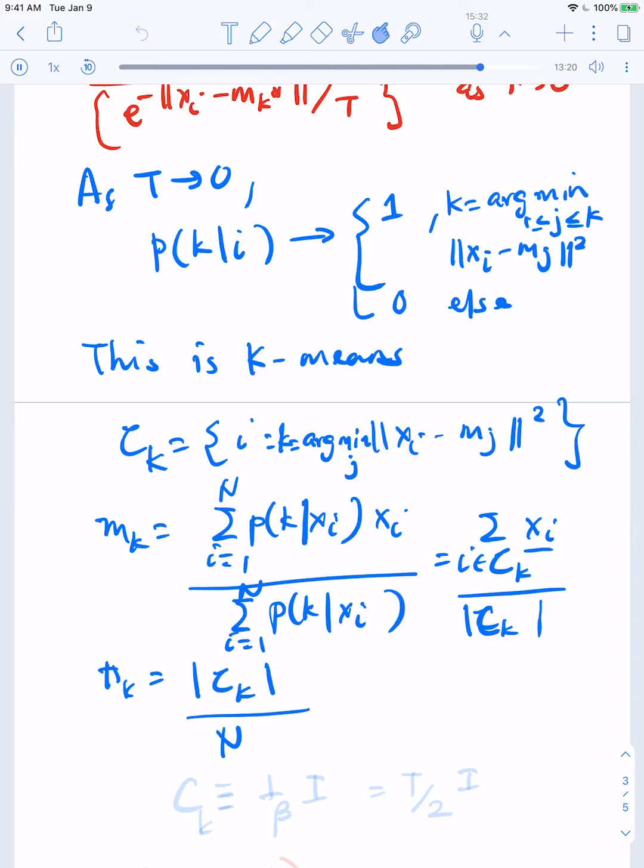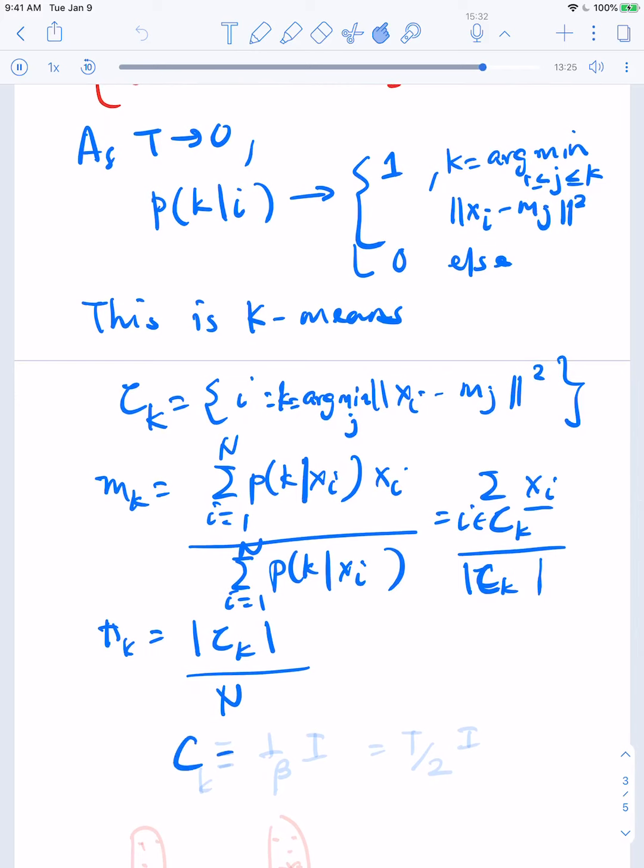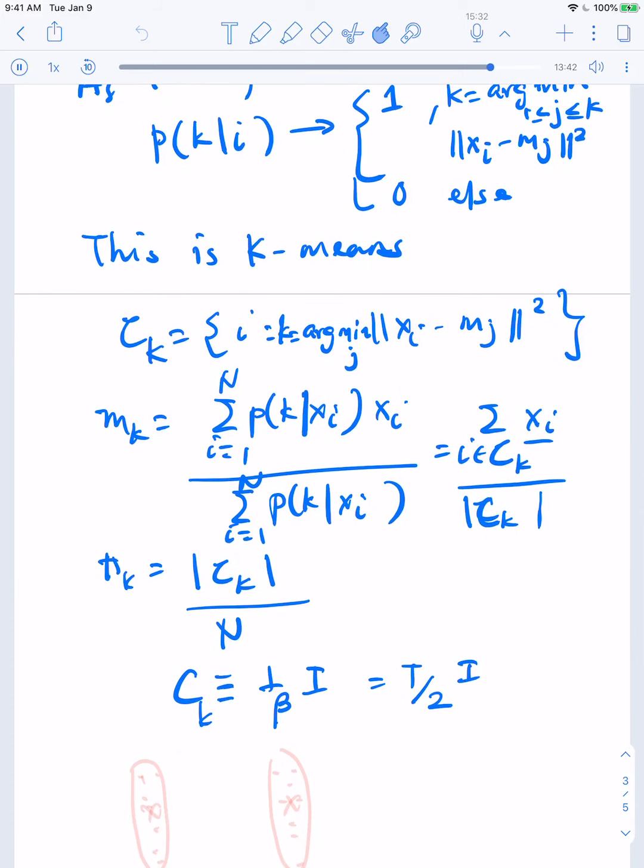Well, by making the covariances look white, I'm basically saying covariance is 1 over beta times I, so it's basically t over 2 times I. By making the covariances white in my model, I'm basically saying I can fit spherical clusters to the data. So if the cluster has an odd shape, then I'll have a harder time fitting it. Unless it's so far away from the other clusters that I don't have a choice, I'll just map even the odd shapes to the cluster center I have.